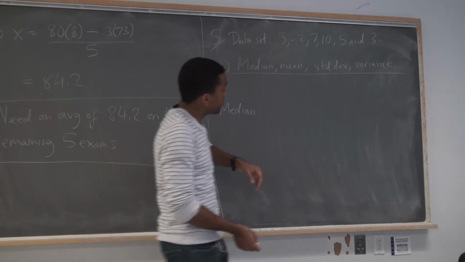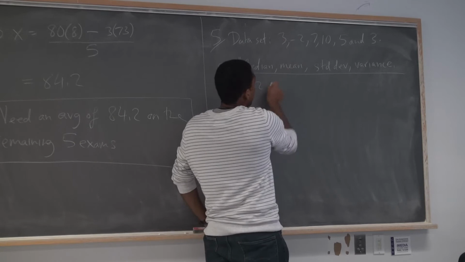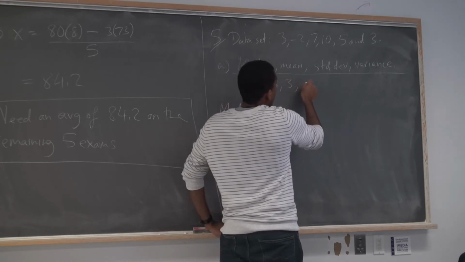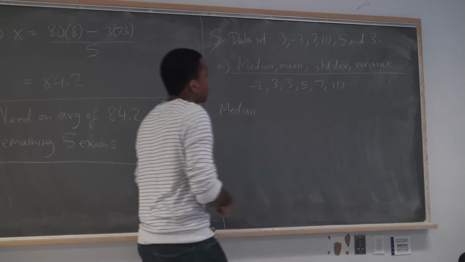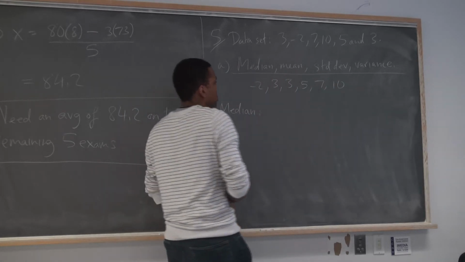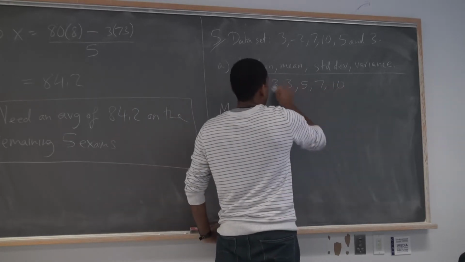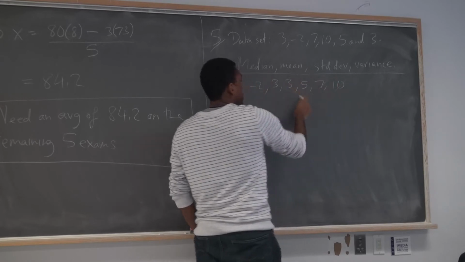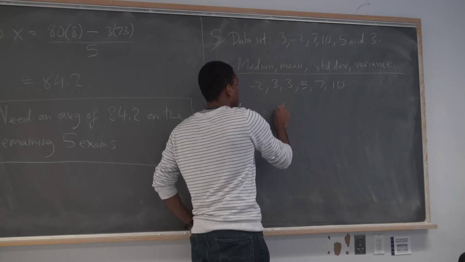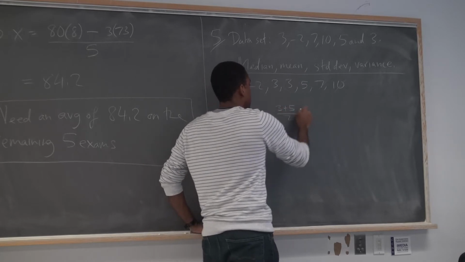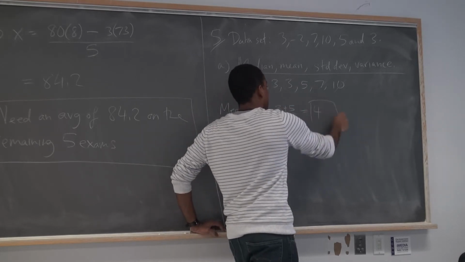So arrange from lowest to highest. So we have minus 2, 3, 3, 5, 7, 10. There are 2 guys in the middle, so the median would be 3 plus 5 over 2, which is 4.